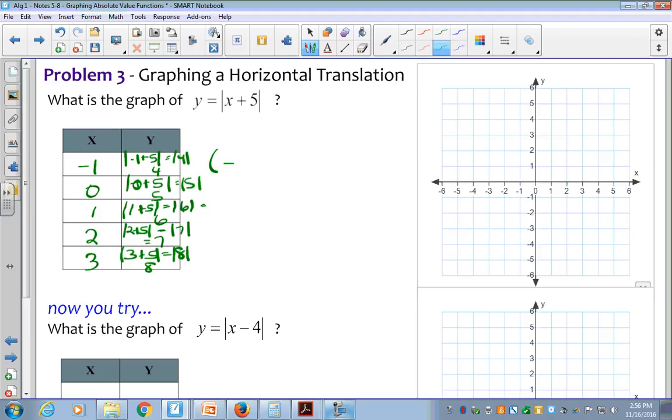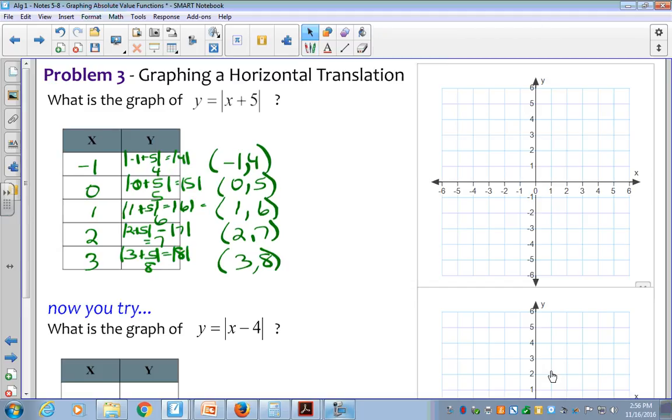So the coordinates I'm going to plot are -1, 4, 0, 5, 1, 6, 2, 7, if I have space for it, and 3, 8. So let's go over here to our graph. -1 up 4, over 0 up 5, over 1 up 6.